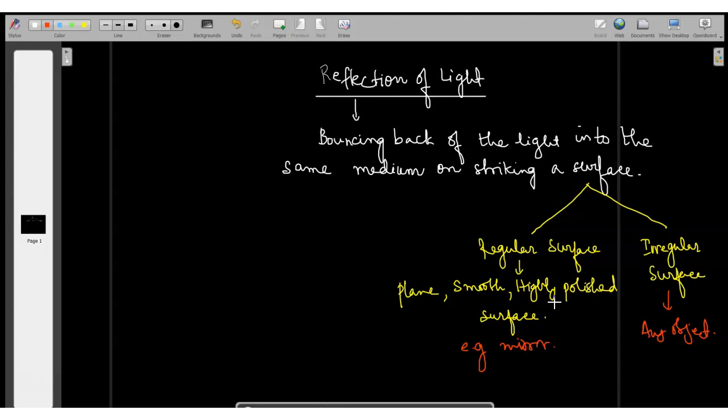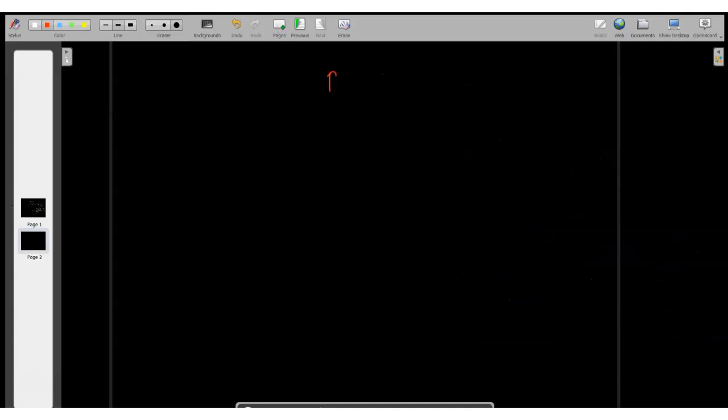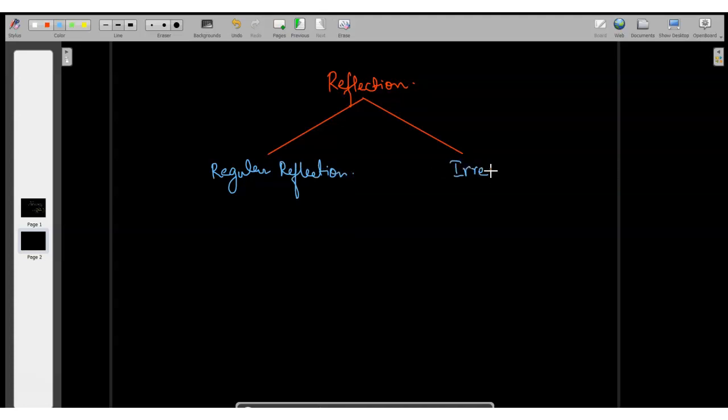Based on what kind of surface light is falling, there are two types of reflection. So, what are the two types of reflection? Reflection can be categorized into two types. One is regular reflection, and the other is irregular reflection.